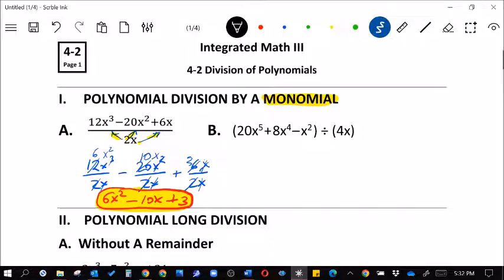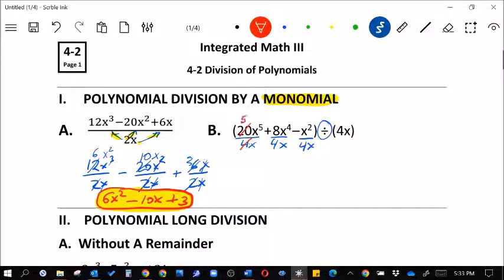Even though it's using here the division symbol, that's still the same as a fraction bar underneath. So you're dividing each one of these by that 4x. But the 4x and the 4x. So now what happens is we look to see what things we can cancel out.